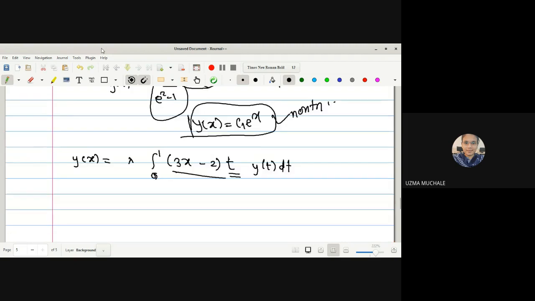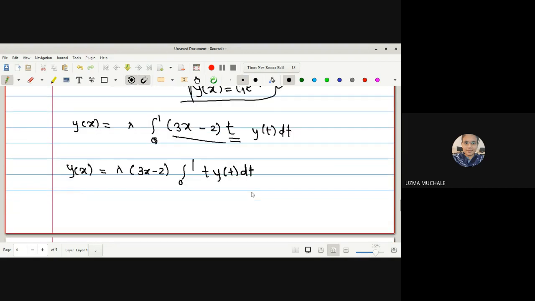Okay. What is the next step? What do we have to do? Simply we have to take the terms of x outside. Next, this value of integration will be some constant, because the limits are given to us, so we can have this as some constant c.